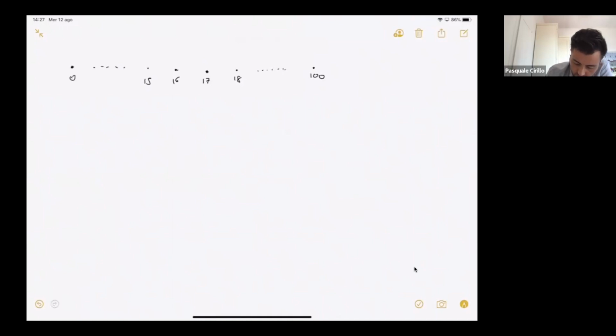Okay, so these are our states. And then what do I know? I know that if I reach 0, I stay in 0. If I reach 100, I stay in 100, because these are 2 absorbing situations for me.